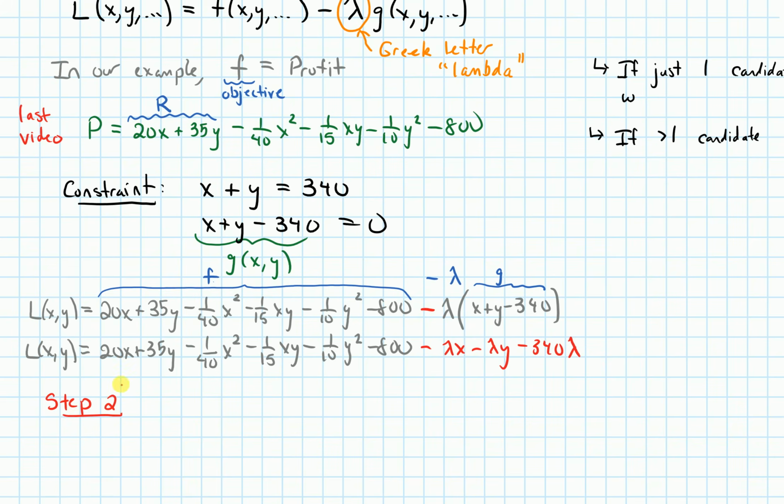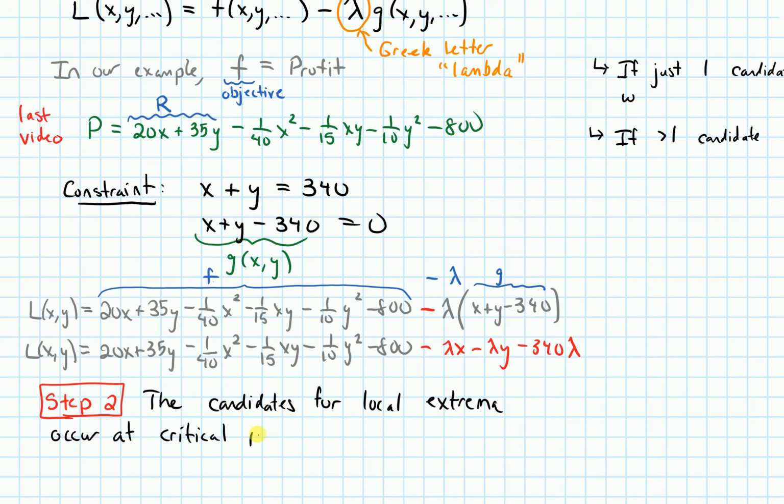So step two says the candidates for the local extrema, so for the local mins and the local maxes, occur at the critical points of that Lagrangian function, L of x comma y comma dot dot dot.